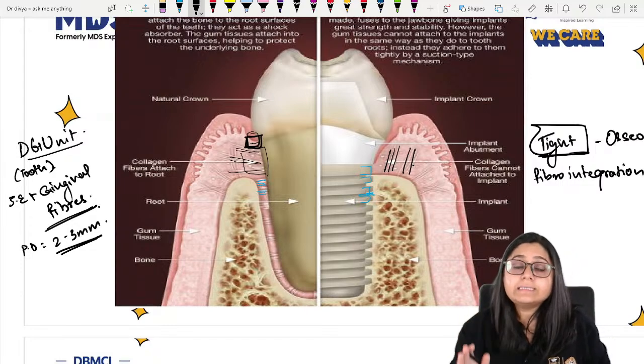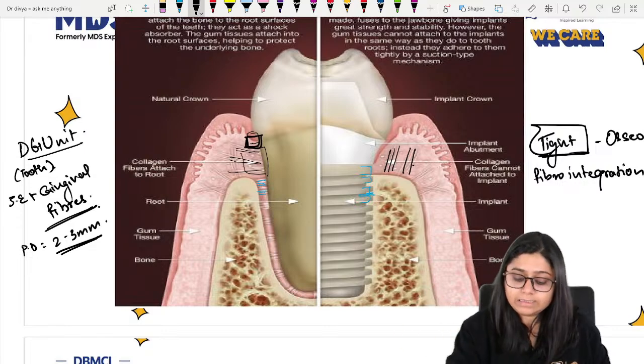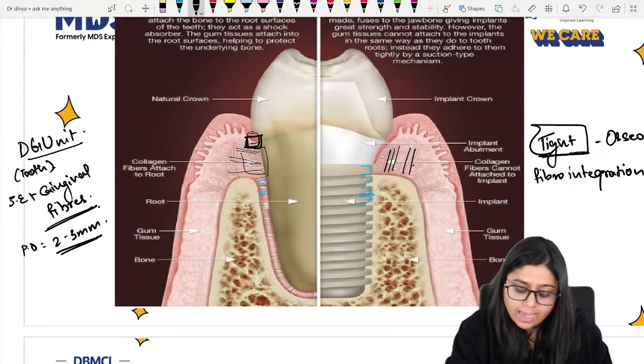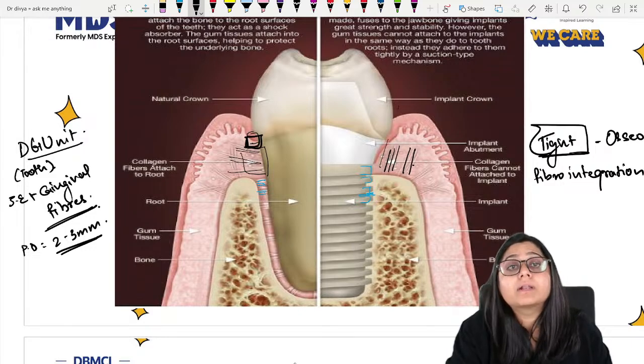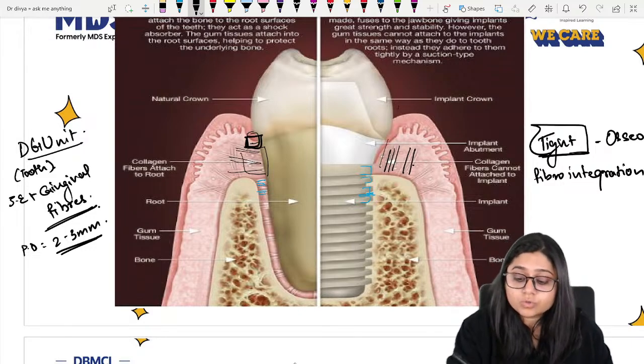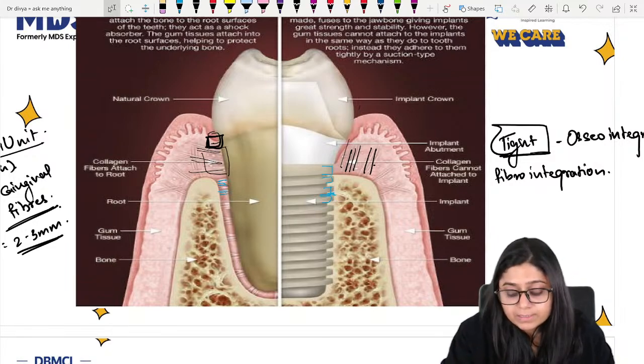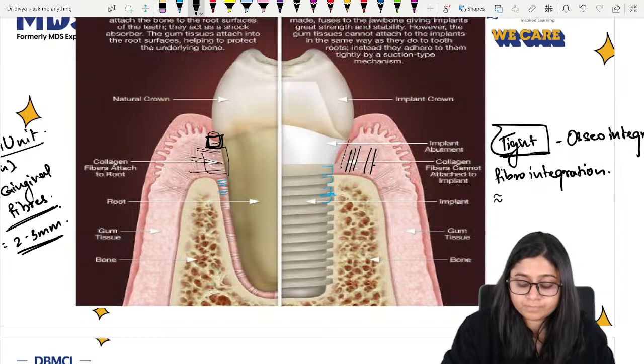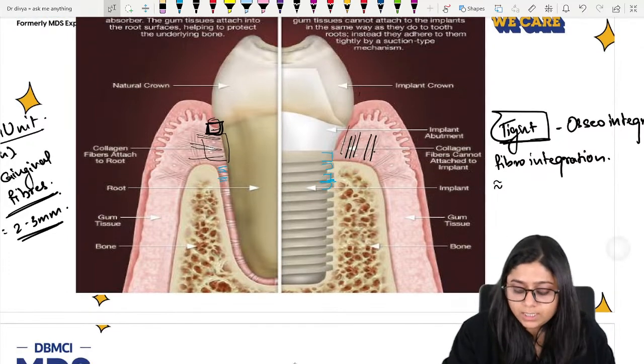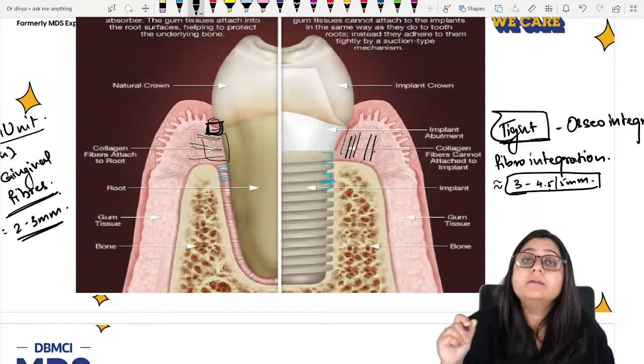But in cases of implants, this connection is loose and the probe will penetrate right up till the alveolar crest most of the times. Okay, so in such cases, in implants, the probing depth is normally 3 to 4.5 or 5 mm, you can say. Normally it is up till here.